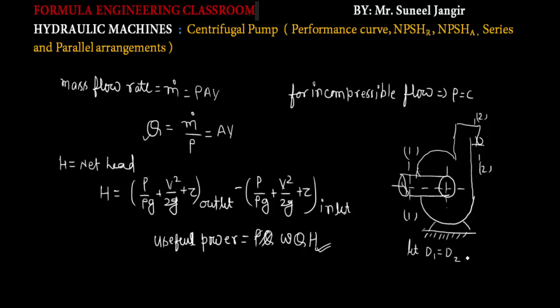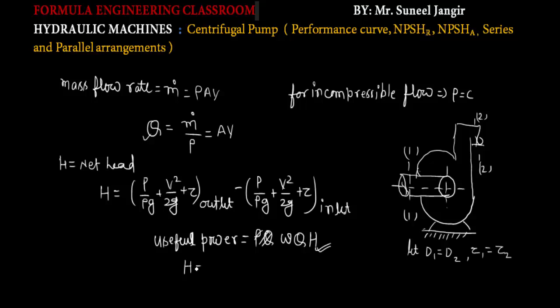Yes, and if z1, the elevation of station 1, is equal to the elevation of station 2, that is z2, then this head h will be equal to, as v at the out and v at the in are the same, this will cancel out, and z at the out and z at the in are also the same, this will cancel out.